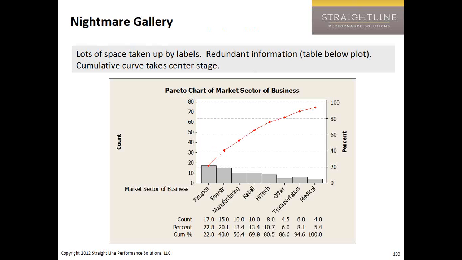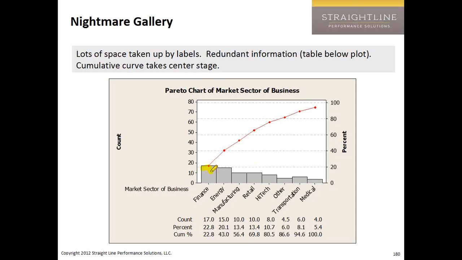Okay, let's take you through a few nightmare galleries, just to give you an idea. These are in some ways common outputs from a lot of software products. So this happens to be a standard output from Minitab's Pareto charts, and you can see that the data, the plot itself, is really just this tiny, tiny bit right here.